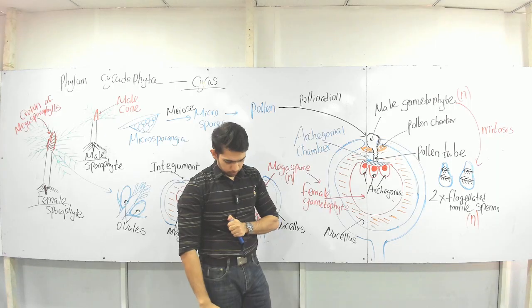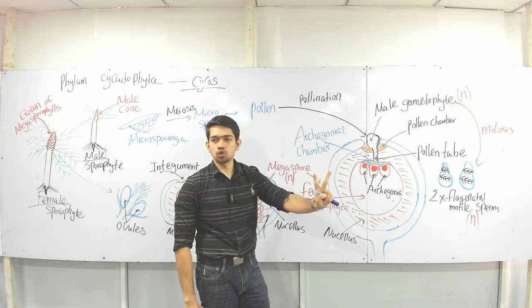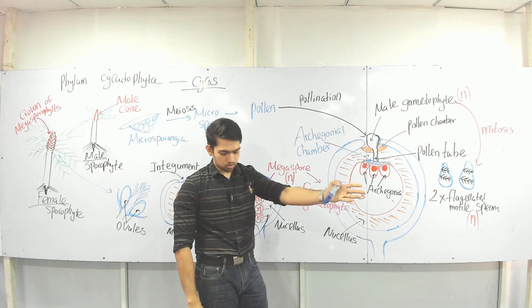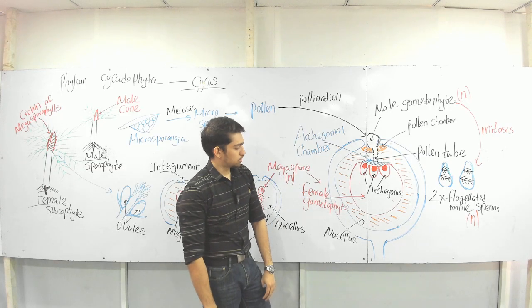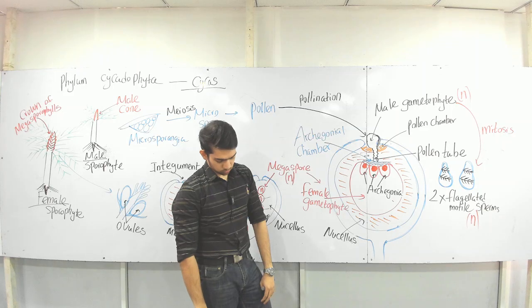Keep reading. Fertilizing the egg results in a 2N zygote. The zygote develops into the embryo.